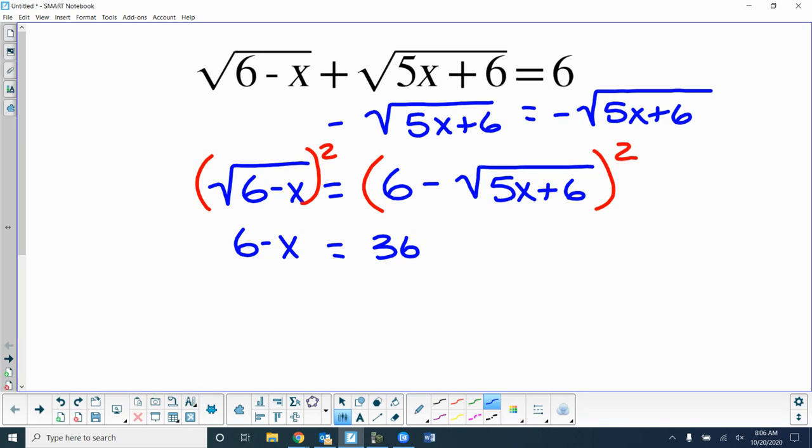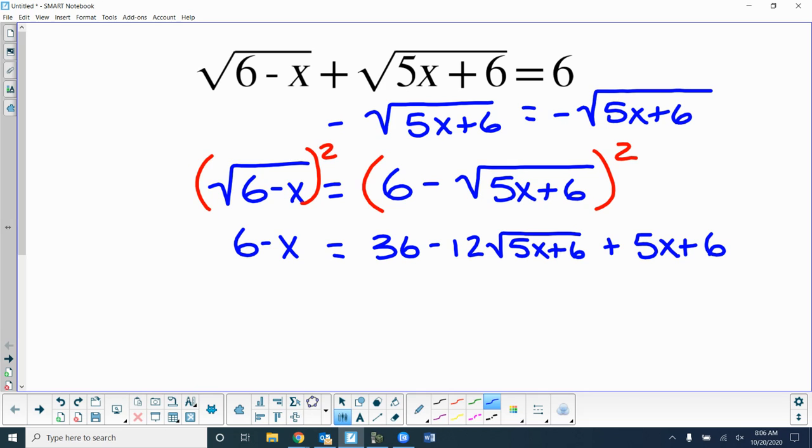Multiply 6 times this negative radical 5x plus 6, which is negative 6 radical 5x plus 6, times 2. Remember, double it. So it's a minus 12. And then square this. It's always addition, and it's just the 5x plus 6, right? The square root goes away. That's what it looks like.